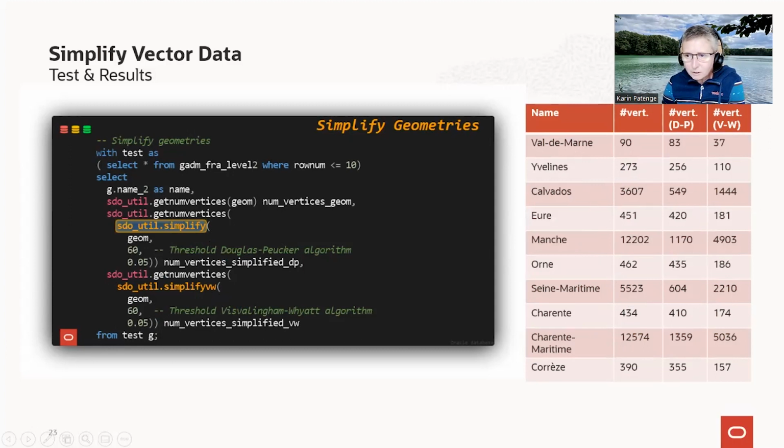The vertices returned by the first algorithm are here, using the threshold value 60, and the same threshold value 60 for the second parameter reduces the number significantly because it's the percentage value.